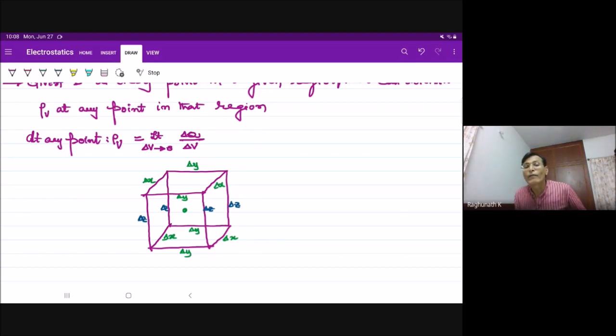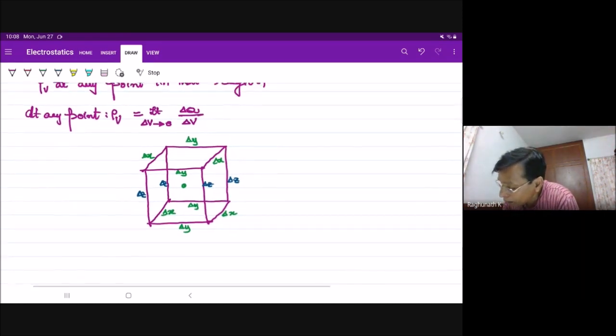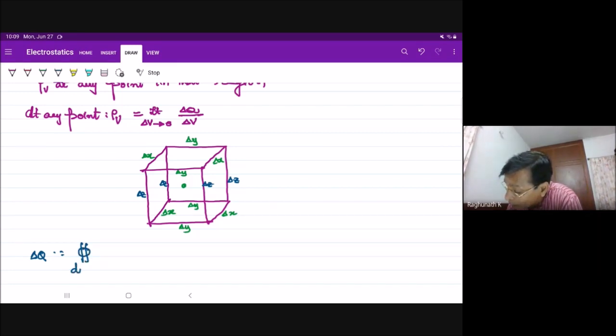Now, listen carefully. Delta Q is equal to the closed surface integral over the differential volume of D bar dot dS.